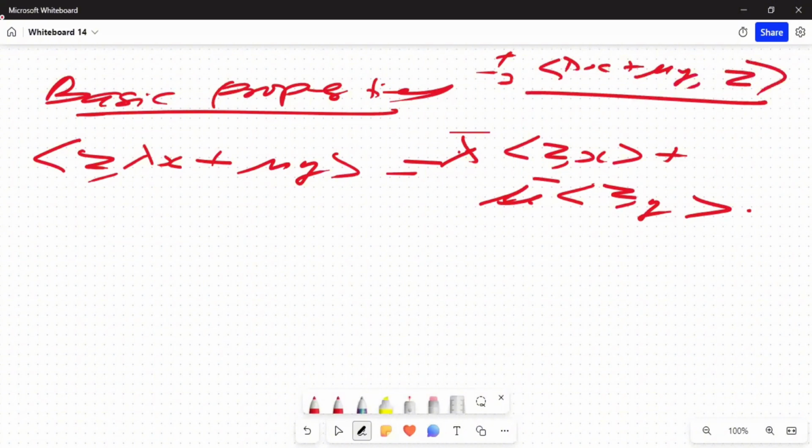I'm sure you remember that's what you have in I3. But this property here, you are reversing. Instead of z being the second, z is now the first. And instead of this one being the first, it is now the second.